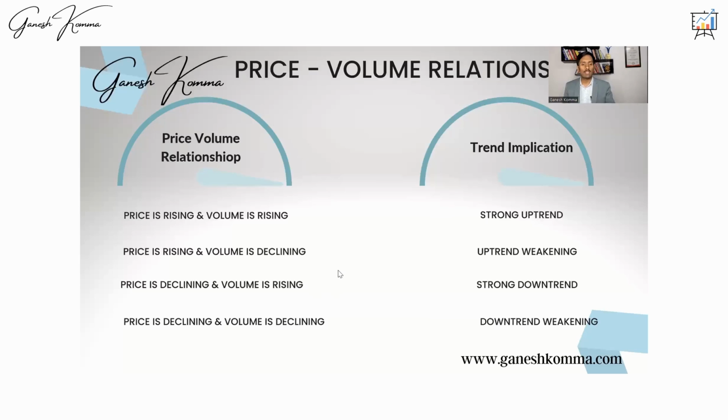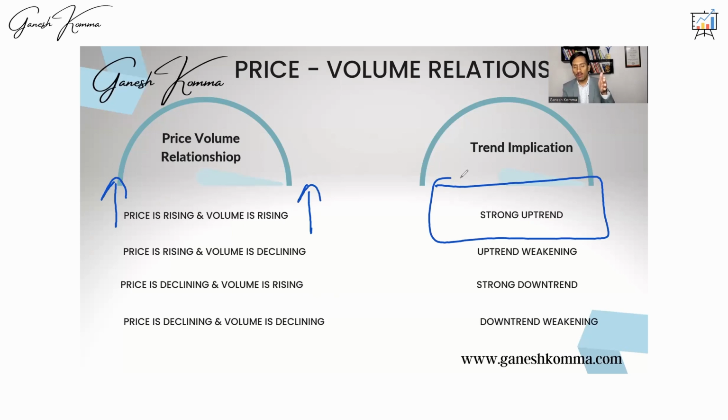So as you see on the screen, whenever the stock price is rising and the volume is also continuously rising, it is called a strong uptrend. Any stock giving a wonderful combination of price rise and volume increase is a very, very strong uptrend.